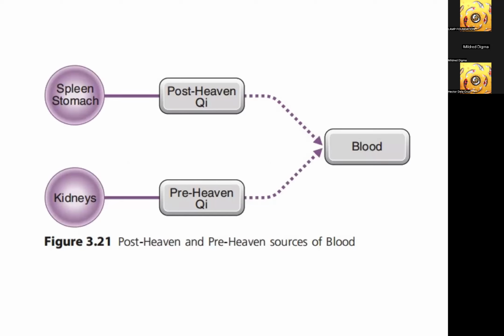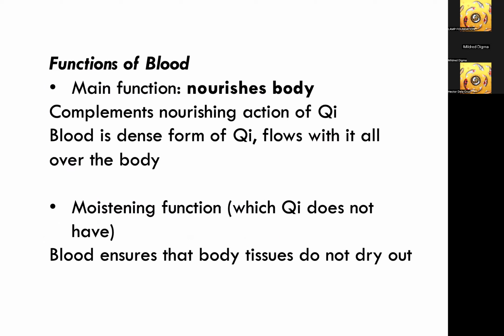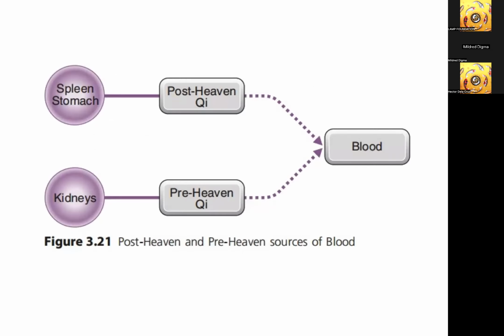So yung makikita po natin, yung spleen stomach, siya yun ang nagpo-produce ng post-heaven qi, yung food. Yung kidney qi naman, nasa kanya naka-imbak yung pre-heaven qi. Then magko-combine to, ito po yung magiging blood. Post-heaven and pre-heaven sources of blood. Kaya kung may problema sa blood, dapat mong itonify muna ang spleen, stomach, and kidney. Okay?